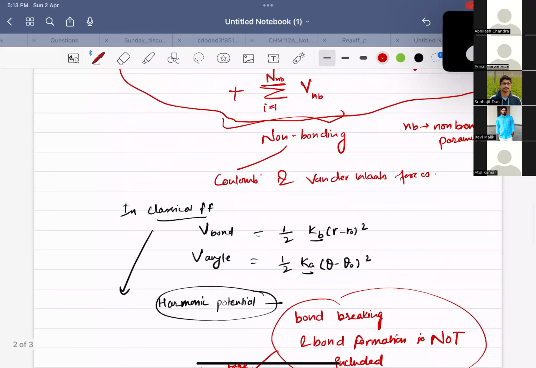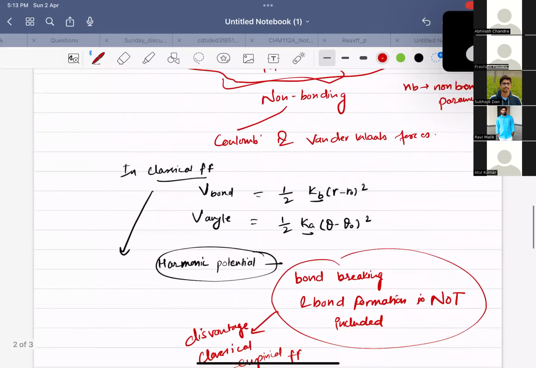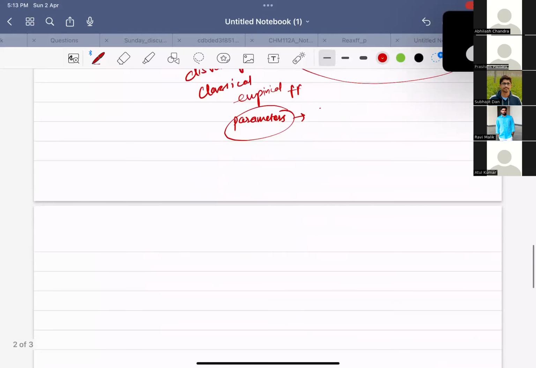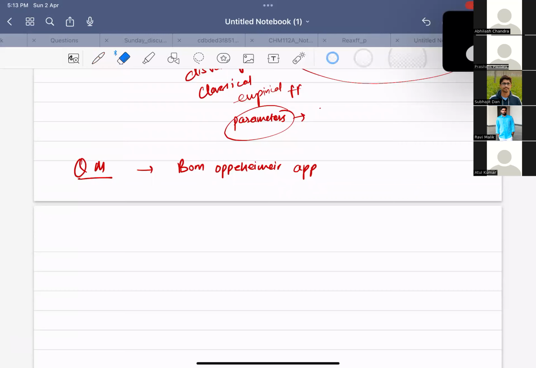From a quantum mechanical perspective, the system at a fixed time can be parameterized in terms of the coordinates of the nuclei and their relevant electrons. Now, by applying the Born-Oppenheimer approximation, one can think that the nuclei are fixed at some instantaneous position.